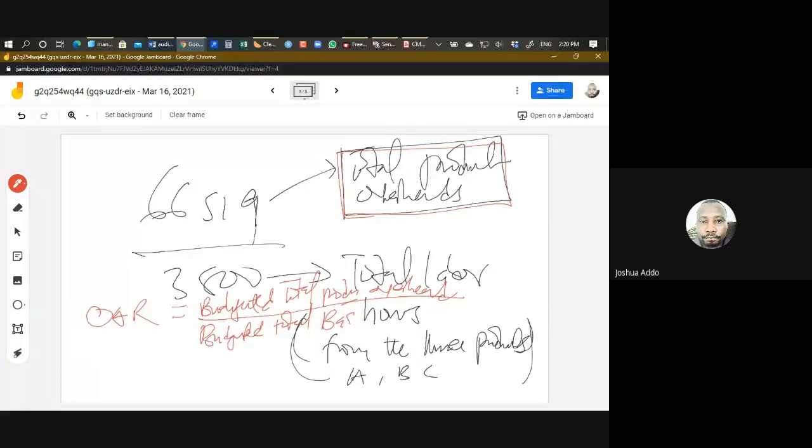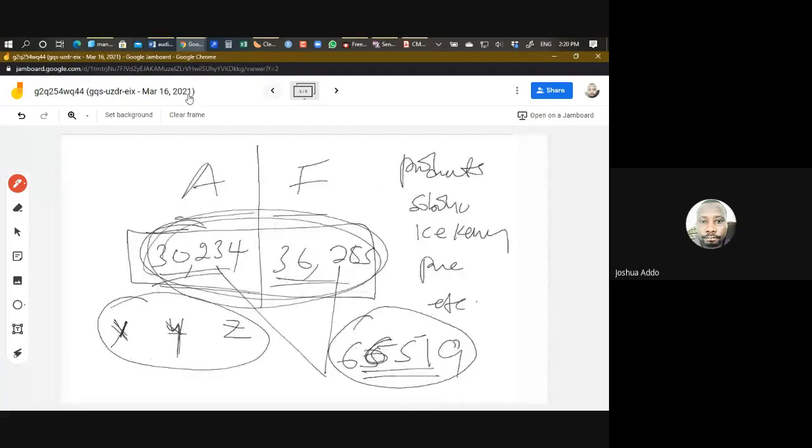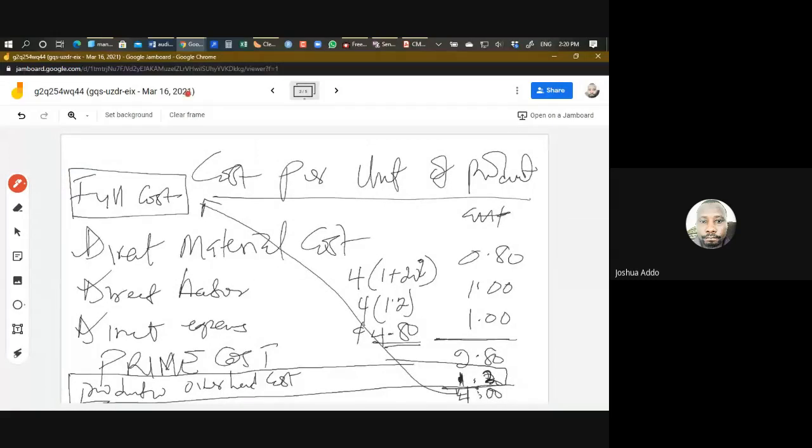The fact is this: we will use this technique to say that the production overhead cost per unit that should be charged to the product should be 1 cedi 20 pesos. This was estimated based on budgeted figures, budgeted total production overheads and budgeted labor hours, for example.